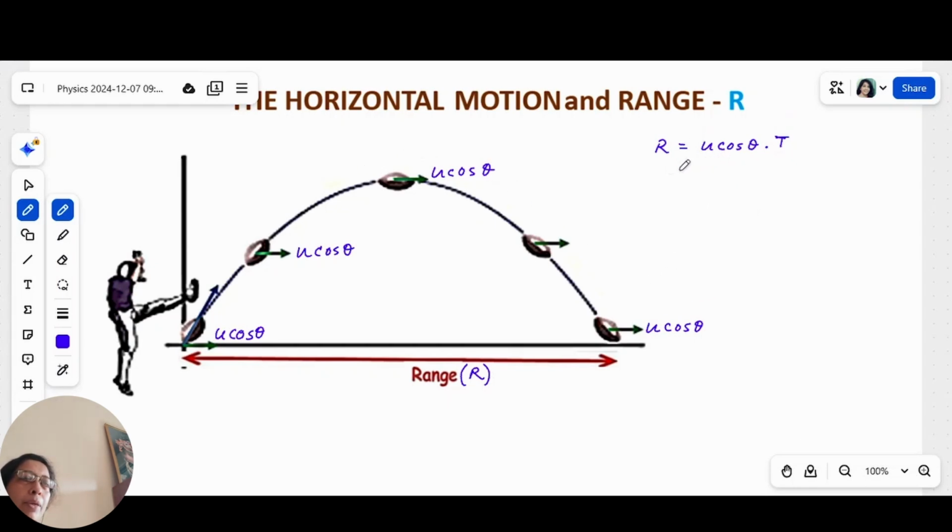So we have previously calculated the value of t. This means r is equal to u cos theta into the value of t we arrived at, which was 2u sin theta by g.